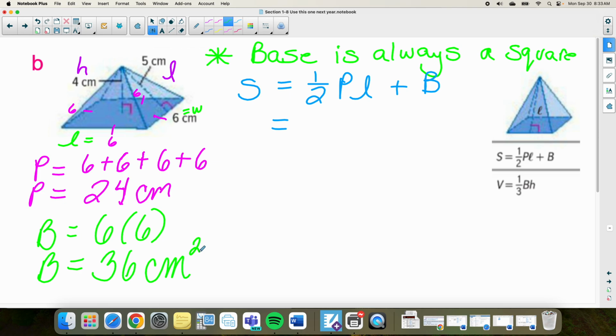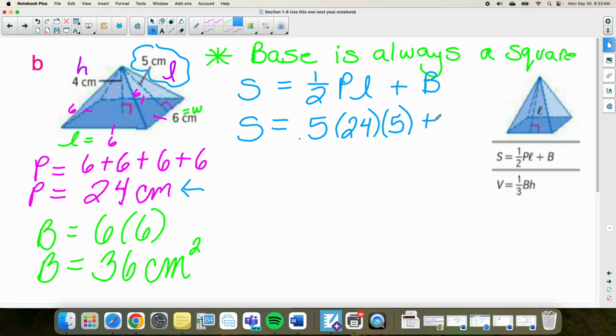Okay. So now what I'm gonna do is I'm gonna go back here and I'm gonna substitute in what I know on this formula. So I'm finding the surface area. For 1/2, I'm just gonna use 0.5. My perimeter I found right here, that is 24. My slant height is right here, that is my 5.